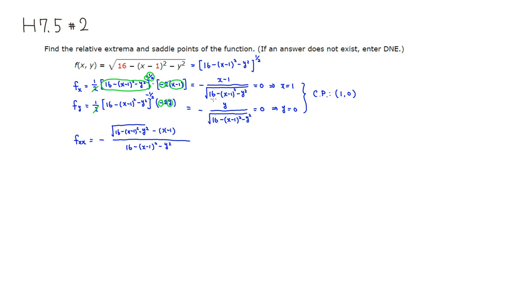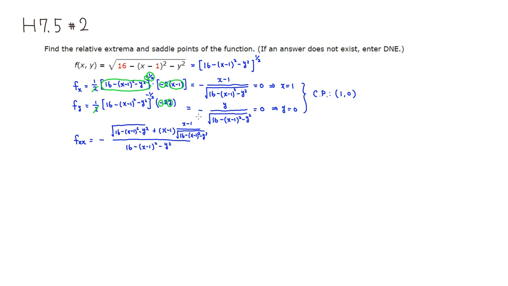That's the same as this whole thing, so it's going to be negative, which makes it positive here. Then you have x minus 1 over the square root of 16 minus x minus 1 squared minus y squared.